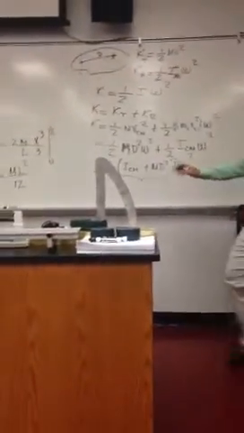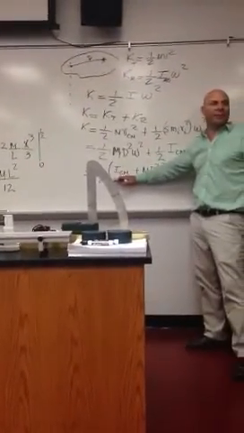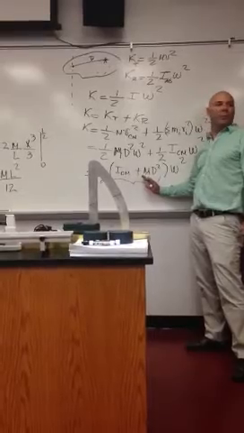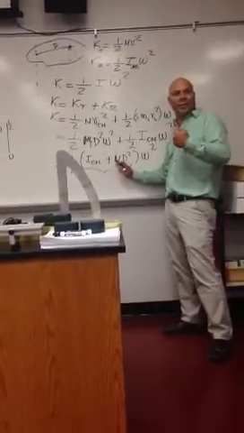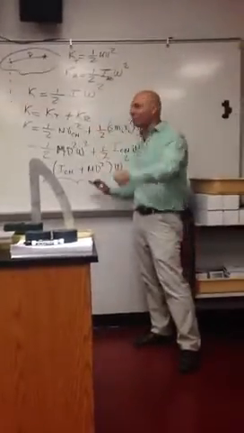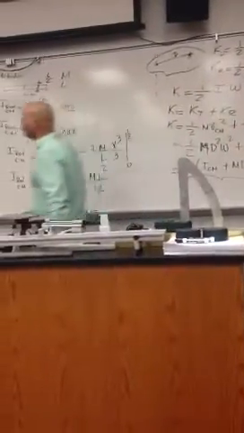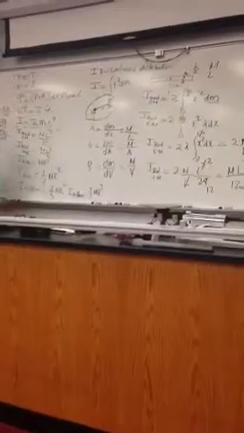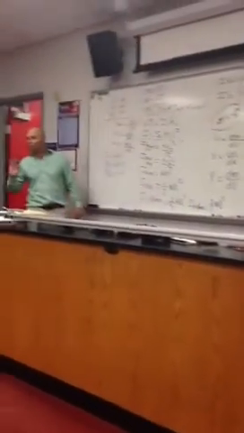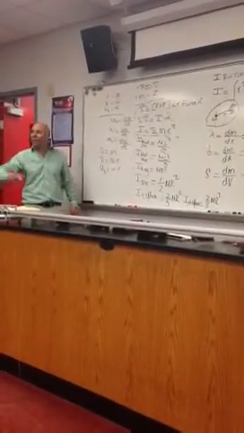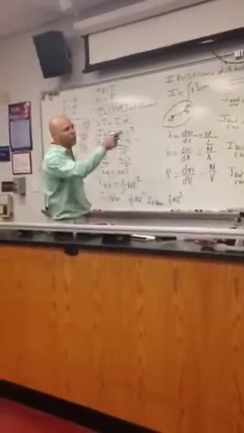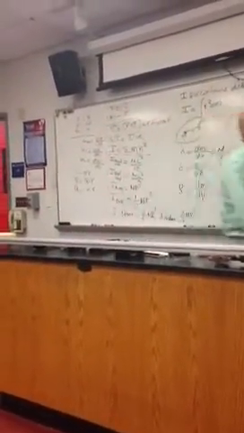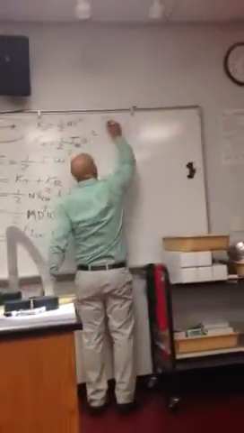It is the moment of inertia of the center of mass plus the mass times the distance from the center of mass to the axis of rotation, md squared. This is how to get the moment of inertia when the object is rotating with respect to an arbitrary axis. This is what we call the parallel axis theorem.